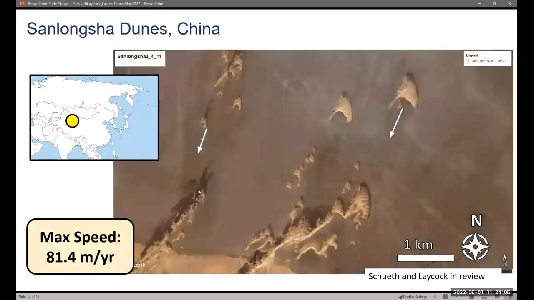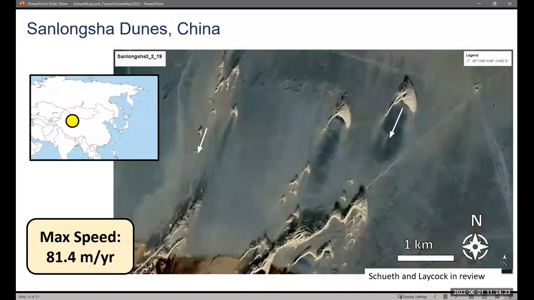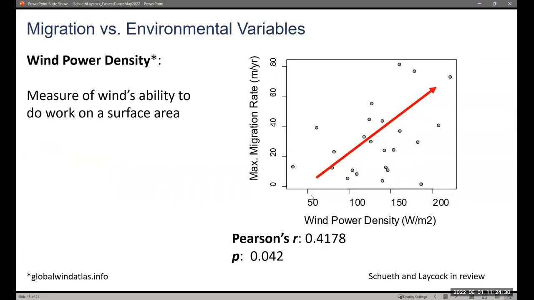The fastest measurement we saw here was 81.4 meters per year. And there is a paper published on this dune field where the authors noted a measurement of 90 meters per year, which is a lot faster than what we measured. Fortunately, the grid system we had missed that 90 meters per year, but it does fit in with the published record, which suggests that the world's fastest dunes are in this Sanglangsha dune field in China.